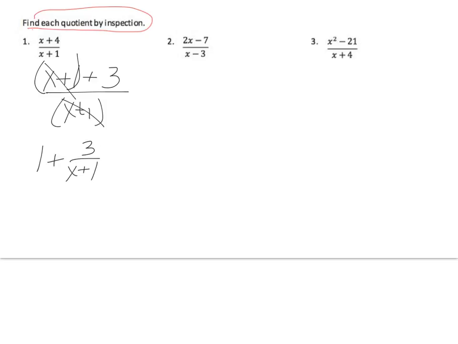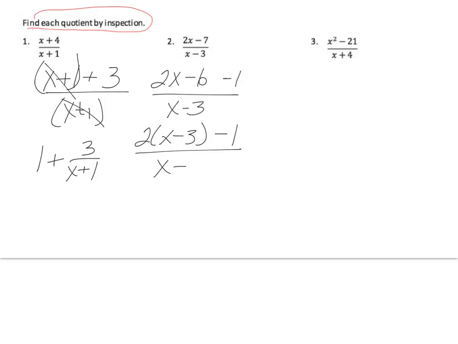This next one, I have 2x minus 7 over x minus 3. I need to play some games to figure this one out. I know I can go 2x minus 6 minus 1, which is the same. I know I'm trying to get to an x minus 3, so if I factor out a 2, I'm there, which is very exciting.